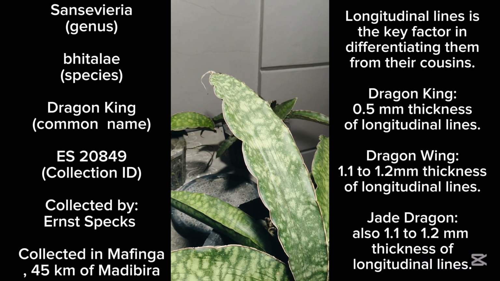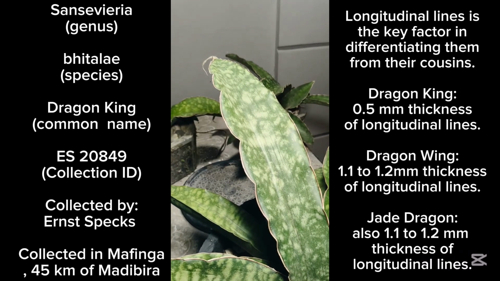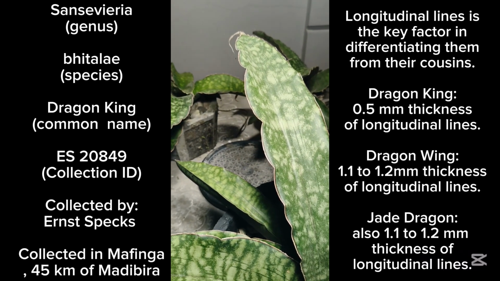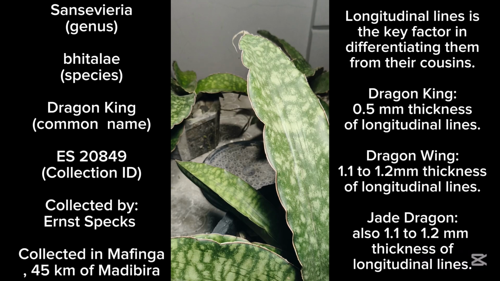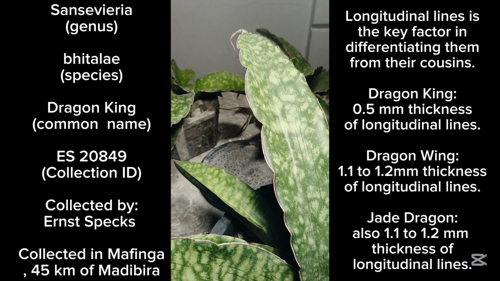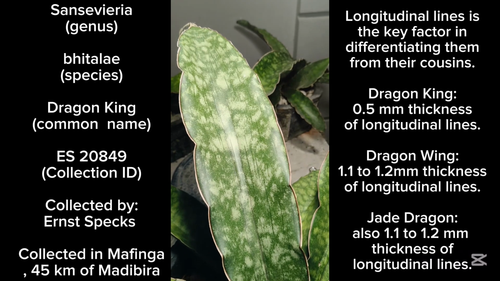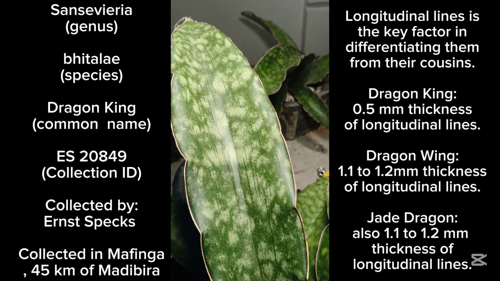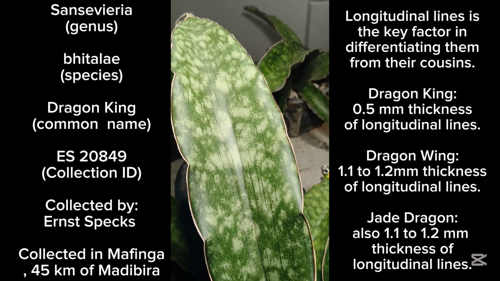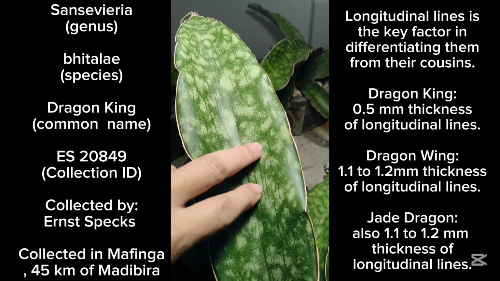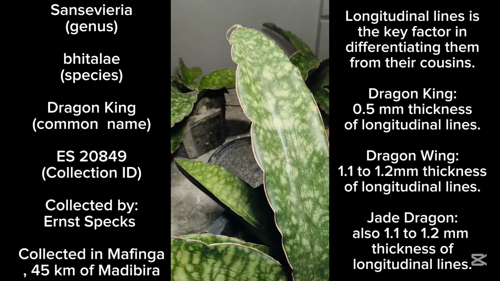Alright, the first thing that I have observed, we have discussed the leaf texture. Now we will be discussing the pattern on the leaves. If I focus, you would now see that there are longitudinal lines on Dragon King, and they are very fine lines, and we will measure them.